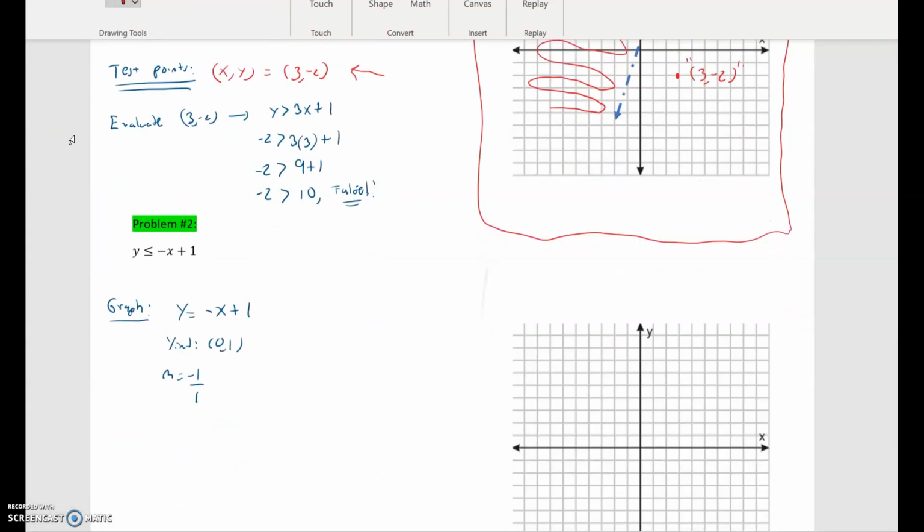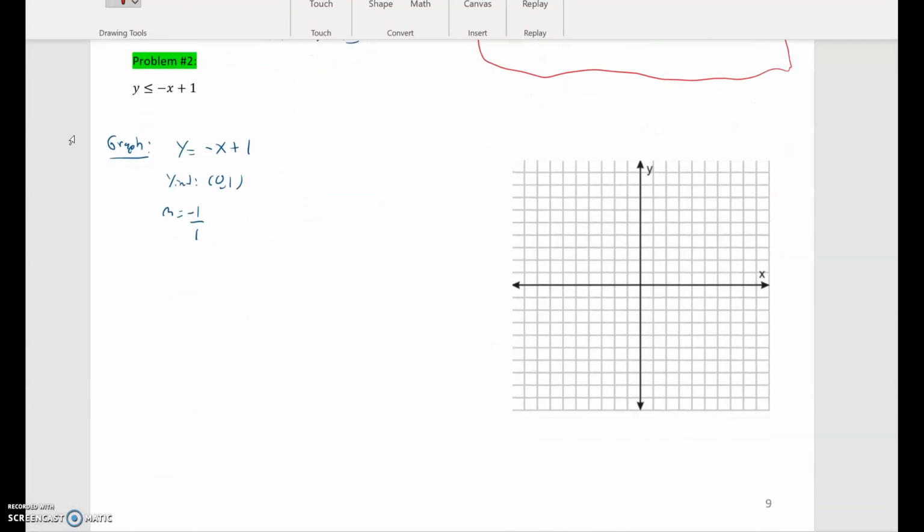So let me plot it. In this case, we're talking about 0, 1. It's here. Slope is 1 unit down and another one to the right. So we're going to be graphing or putting a line through those 2 points.